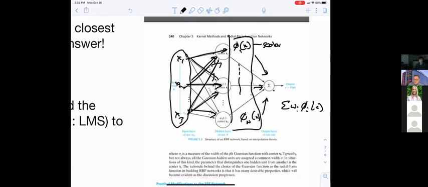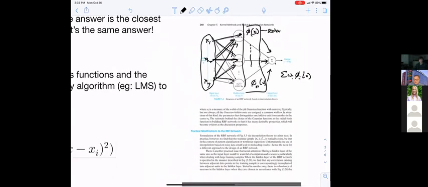It's perfectly valid to have a network where x is just a single number, and then you've got a bunch of phi sub i's here, and you could just have that single scalar. Phi sub i of x is a scalar, and then you combine those with a bunch of weights here, right? So these are all valid forms of basis function networks.